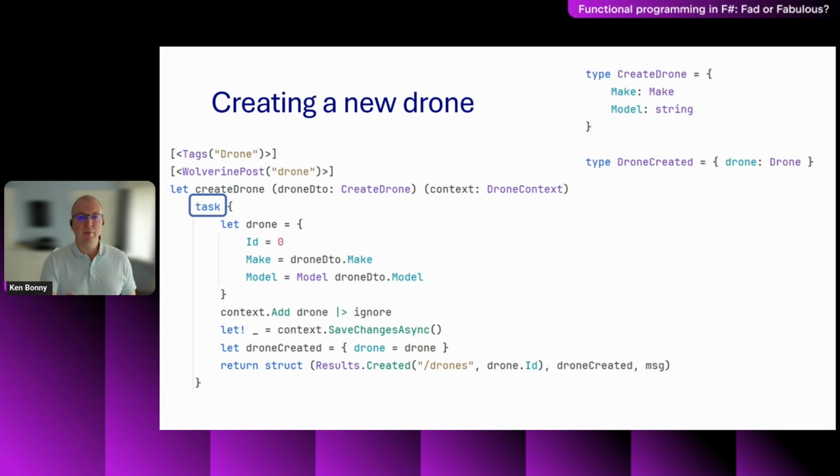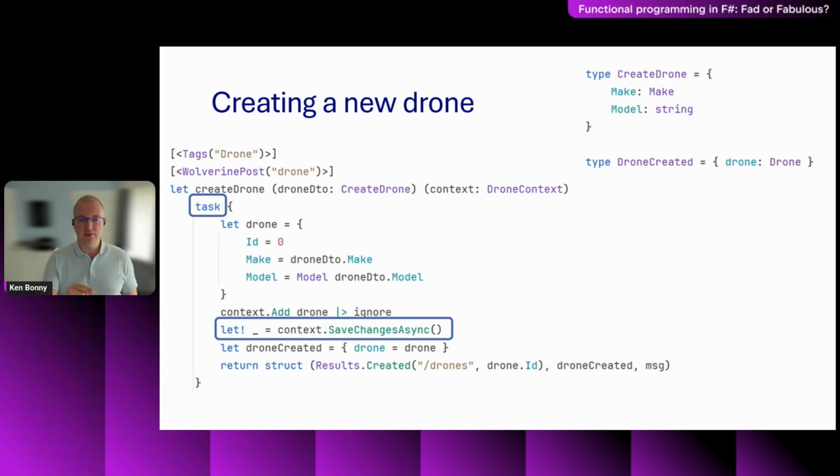In the code, we are mapping our create drone command to a drone entity. We're adding this to the database context, and then we have this strange let declaration. It's with an exclamation mark, and you pronounce this as let bang. And this will, in this context, allow you to use asynchronous code.